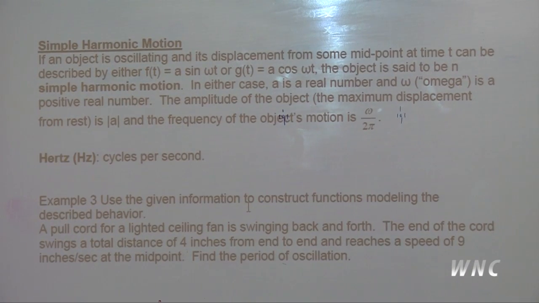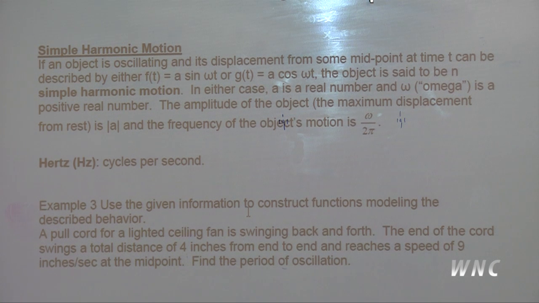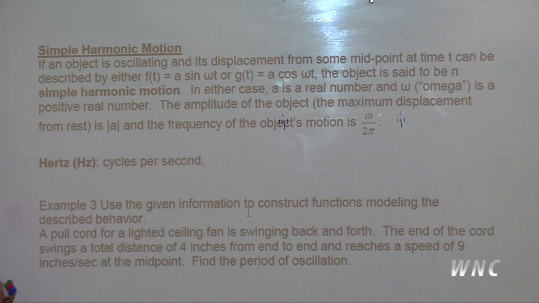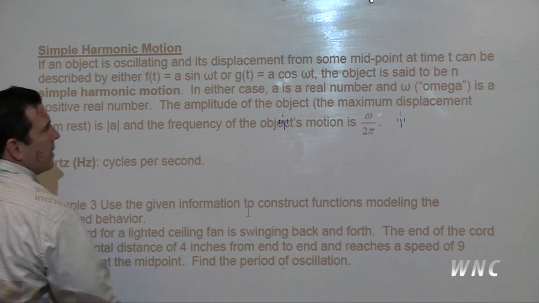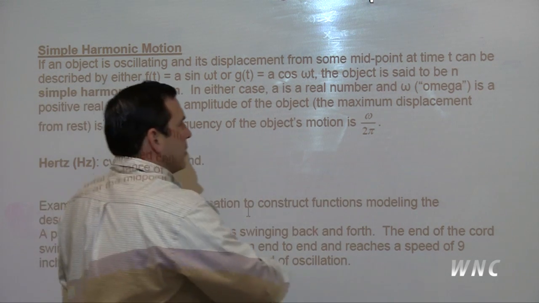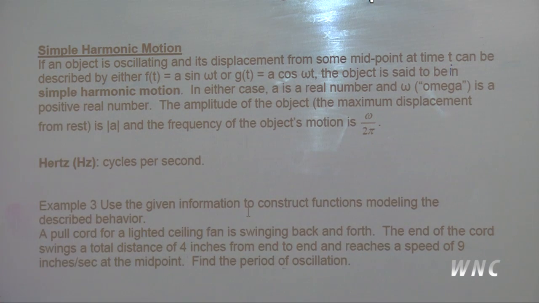Okay, simple harmonic motion. If an object is oscillating and its displacement from the midpoint at time t can be described either by f of t equals a sine omega t or g of t equals a cosine omega t, the object is said to be in simple harmonic motion.